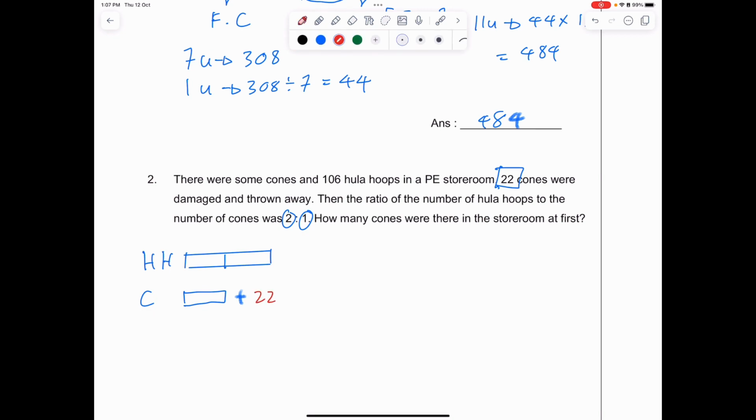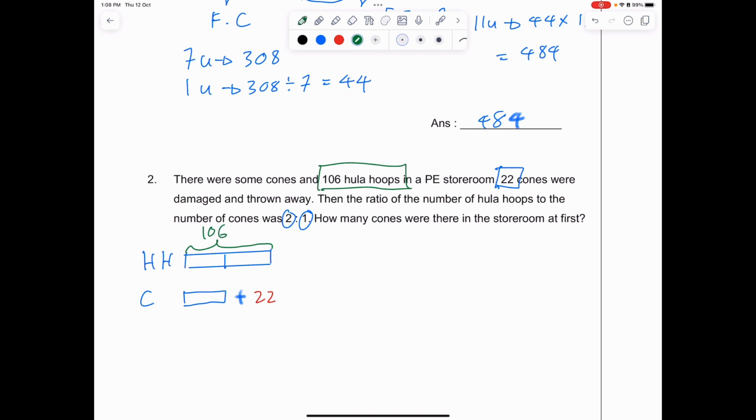So we're going to put it here. Now, the hula hoops didn't change in any way. So the hula hoops were 106.